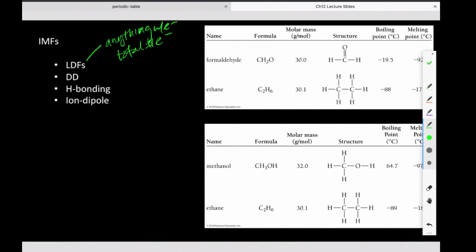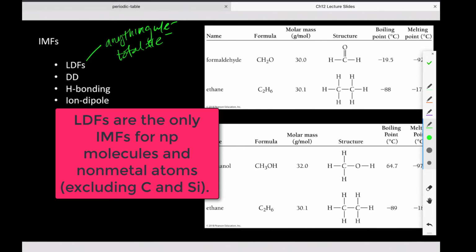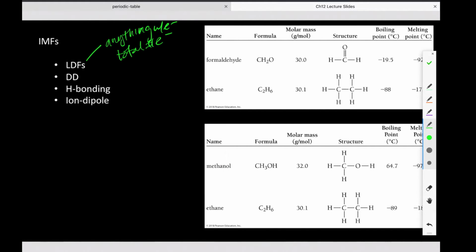Turns out that there are a lot of non-polar molecules and just atoms that experience attractive forces because at any given point in time, since electrons are constantly moving, they can be unevenly distributed. And if they are unevenly distributed at one instant, then for that instant, that atom or molecule is polar, right? Which then can induce that same polarity in its neighbor, which can then induce it in its neighbor, and we get this network of instantaneous induced dipoles, okay? And that's what an LDF is.